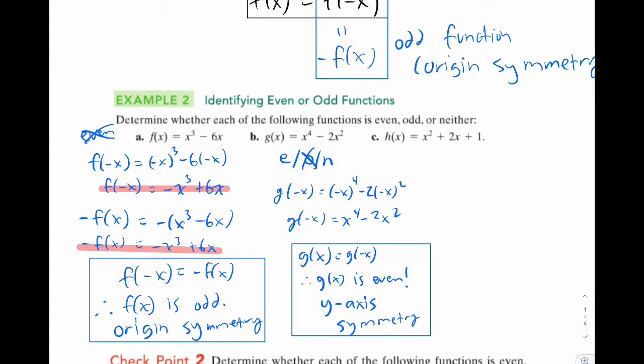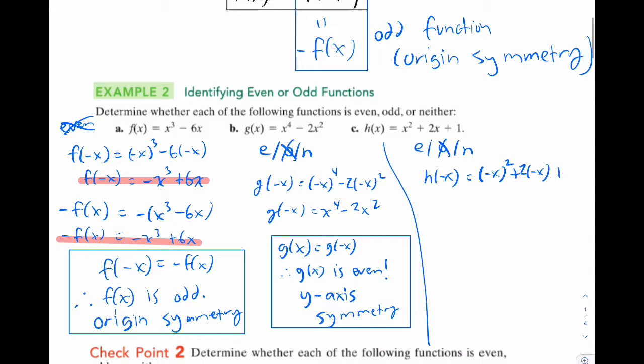Now for the last part, we'll write our even, odd, neither here. Notice how there's a 2 here, which means at that point we know it can't be odd. So let's just check if it's even. h of negative x, that's equal to negative x squared plus 2 times negative x plus 1. h of negative x, that would be x squared minus 2x plus 1.